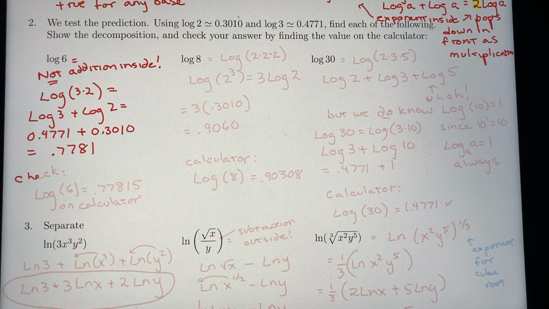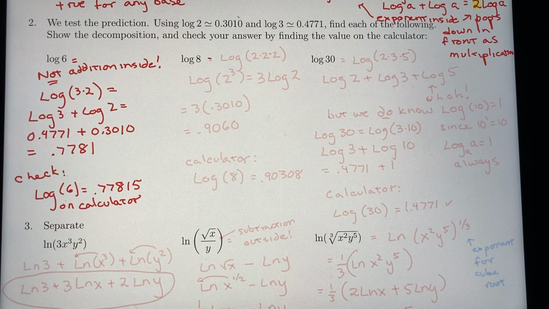We check with the calculator. We have a log base 10 button, so we don't even need the change of base formula. And sure enough, on the calculator, log of 6 is the actual thing.